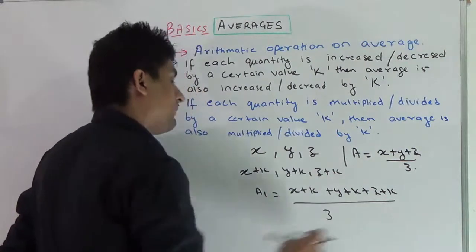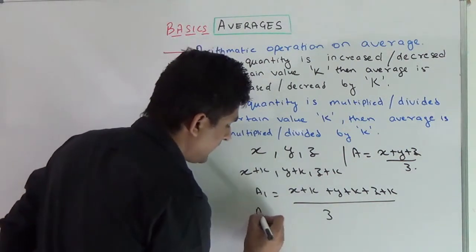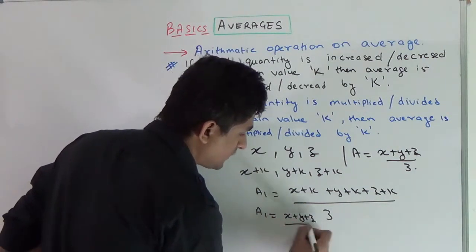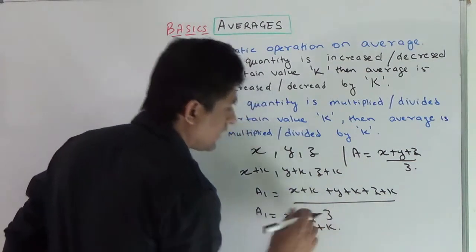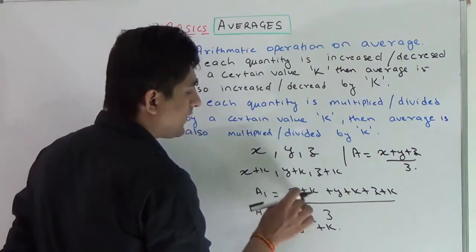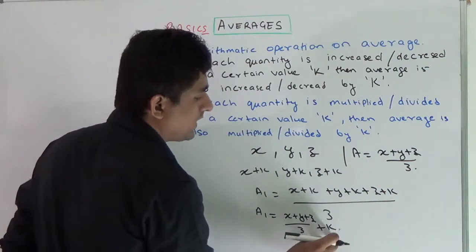Here the new average will be like this, and if I simplify it, it will come out to be x plus y plus z upon 3 plus k. Because if I simplify it, it will come out like this: x plus y plus z plus 3k, and 3k divided by 3 will be k only.